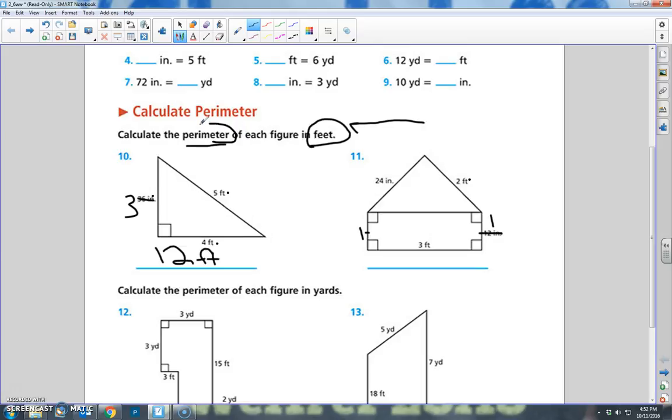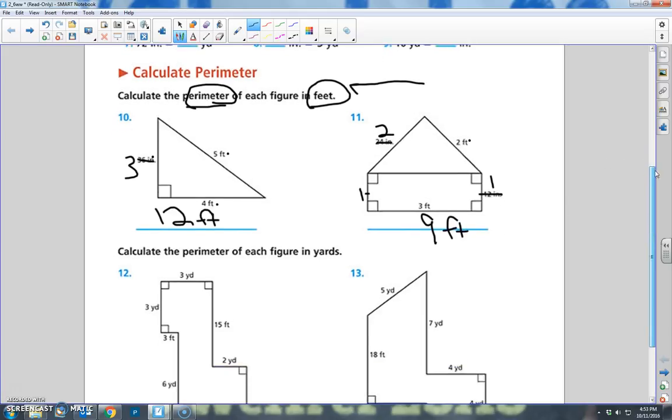But since I'm finding perimeter, I don't need to know this inside feet. I know this is 2 feet by here, so that means this is 2 feet. And then we just add them up. 2, 4, 5, 6, 7, 8, 9. 3, 3, 9. This is 9 feet.